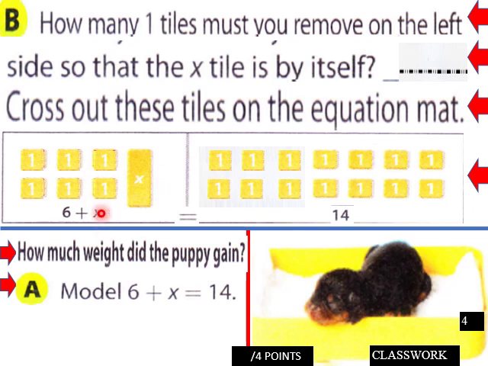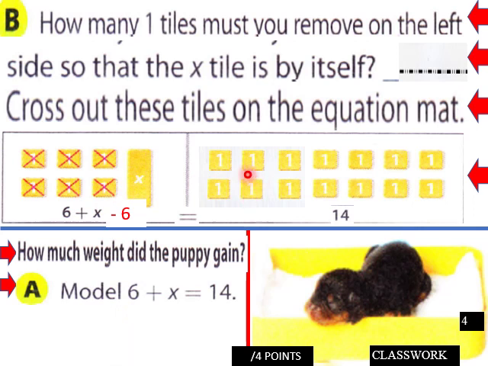So here's our equation mat here, 6 plus x. So to isolate our x here, we have to subtract these 6 here, and what we do on this side, we have to do on this side. So what's 14 minus 6? Subtract that, subtract that, subtract that. So we get rid of our 6 here, and we're just left with x now.